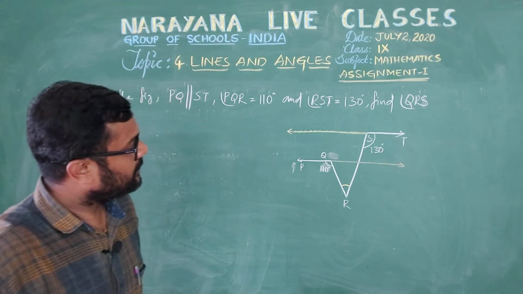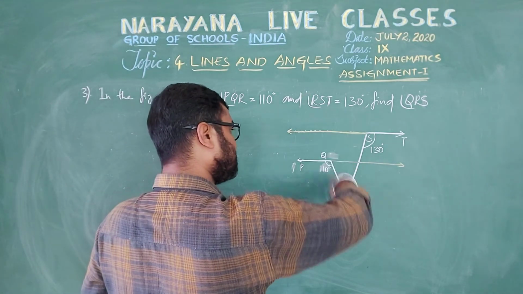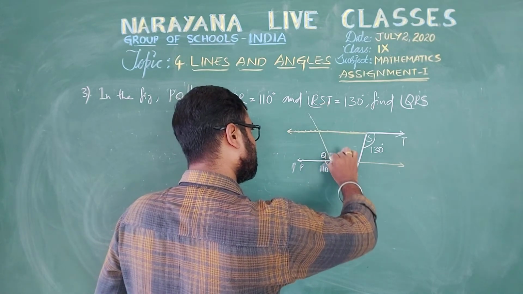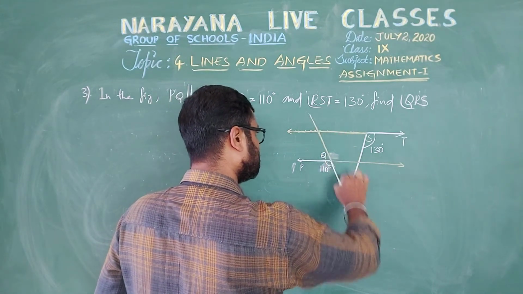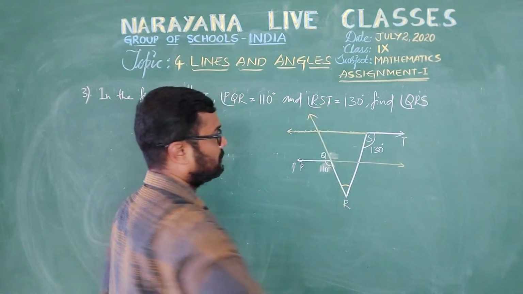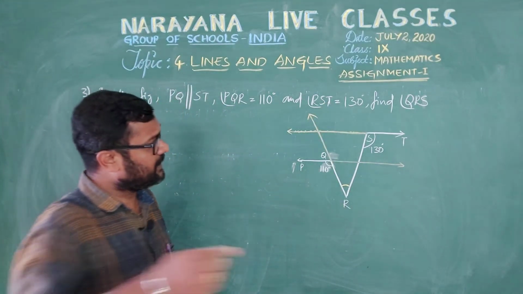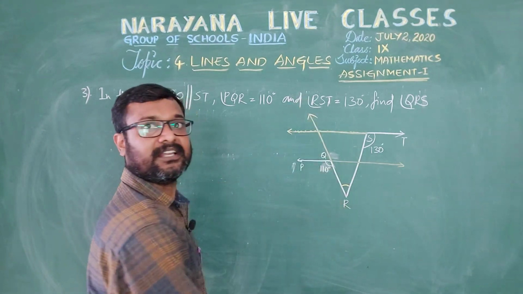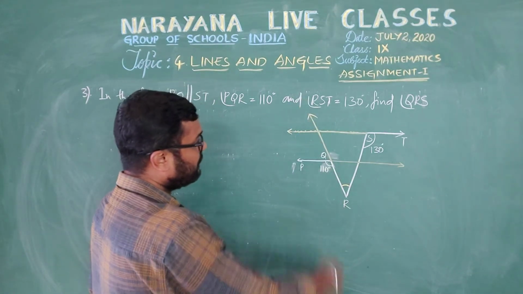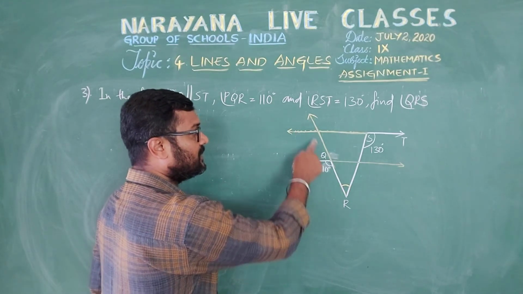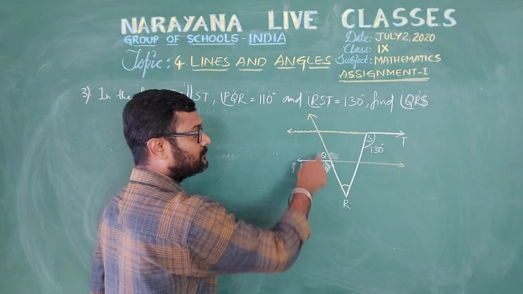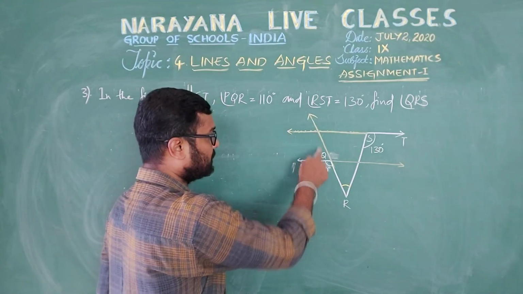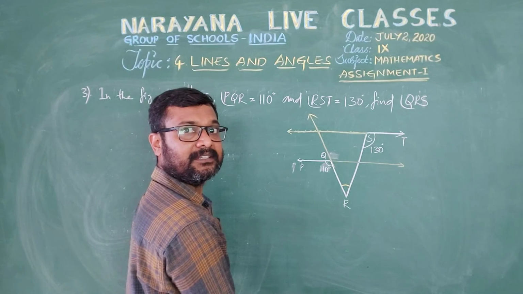Now extend this one like this. Now tell me, these two lines are parallel to each other and this is a transversal line, isn't it? So when this is a transversal line, these two angles are what? Corresponding angles, isn't it?